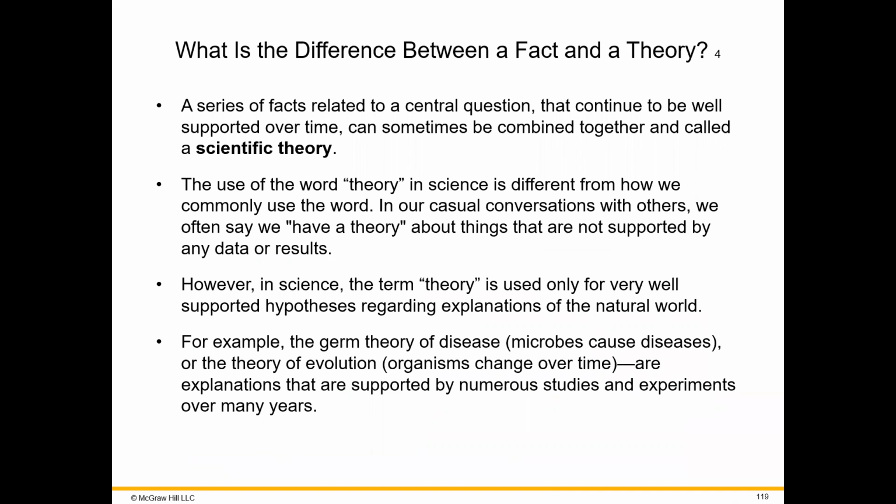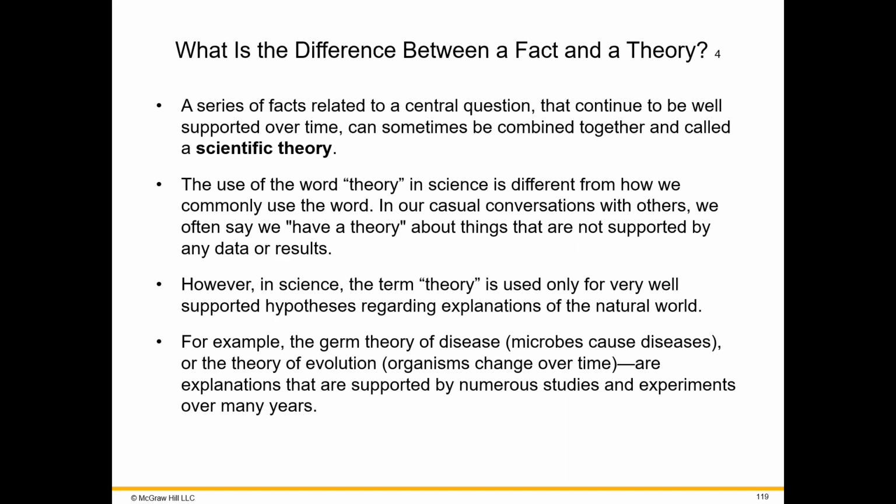Okay. The use of the word theory in science is different from how we commonly use the word. In our casual conversations with others, we often say we have a theory about things that are not supported by any data or results. But in science, the term theory is only used for very well supported hypotheses regarding explanations in the natural world.